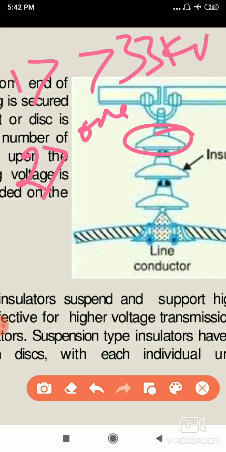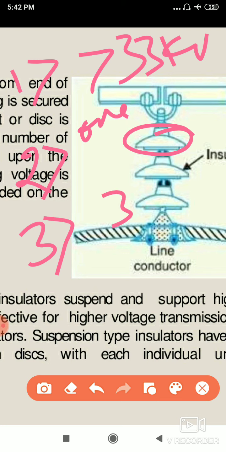That means if any disc gets trouble or cracks, there is no problem for the remaining insulator. If any disc gets damaged, it doesn't mean the whole insulator is destroyed. And the third one: if the load on the line increases, you can directly connect one more disc to it.